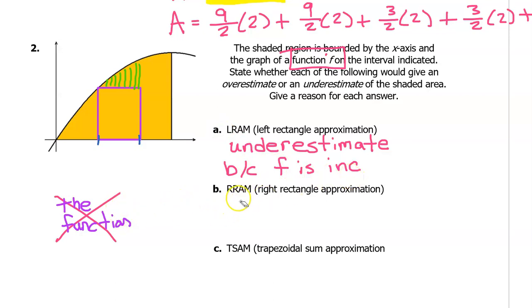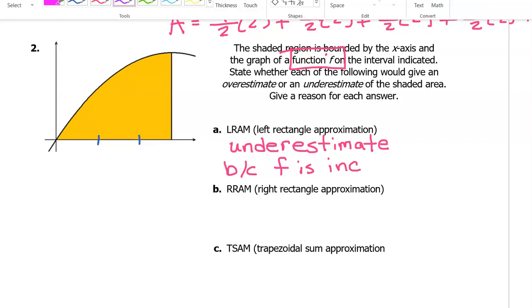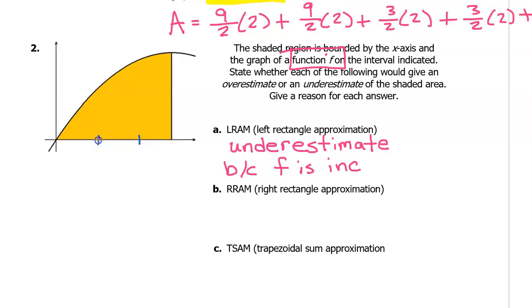So it'll be very similar for the RRAM method. So for RRAM, we're talking right rectangle approximation. So we will draw our rectangle, but we will focus our eyes on the right side of the rectangle, and we will draw it so that the height of the rectangle on the right-hand side is right at the value of the function.